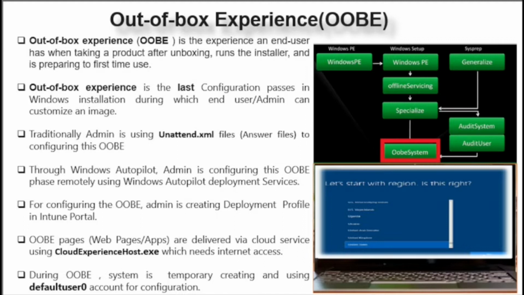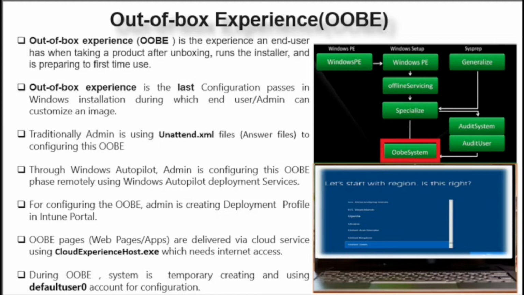For configuring the out-of-box experience remotely, admin is creating Autopilot deployment profile, similar to the answer file, using GUI in Microsoft Endpoint Admin Center portal. We can also use Microsoft Store for Business to create these profiles.